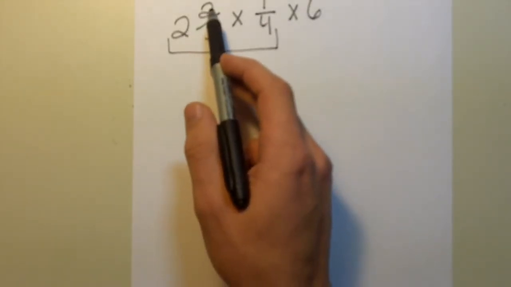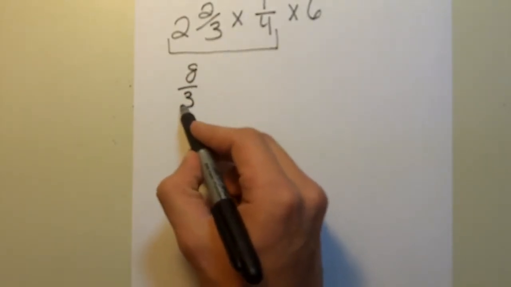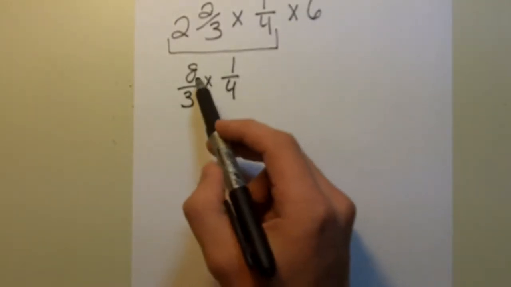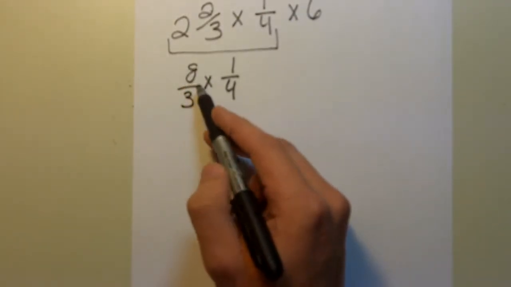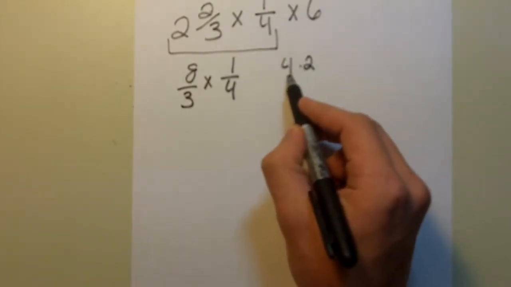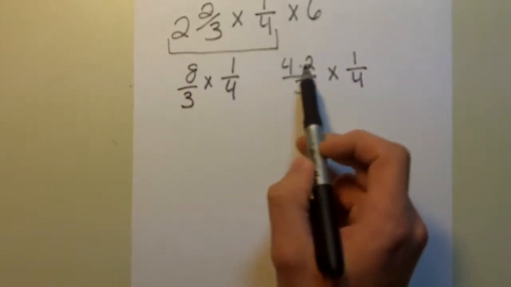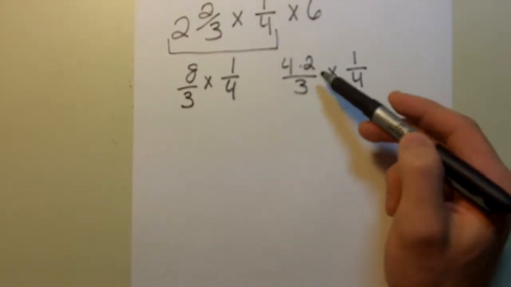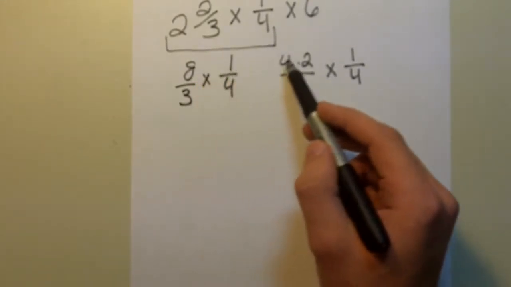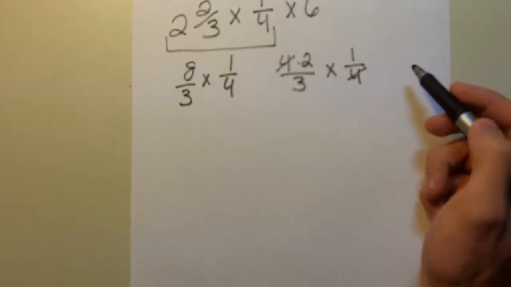So 3 times 2 is 6, plus 2 is 8, keep the denominator the same, times 1 over 4. Now we can break 8 up into 4 times 2 is 8 over 3 times 1 over 4. We didn't change the value of this fraction because 4 times 2 is still 8. So we just broke this up so that we can cancel these numbers here.